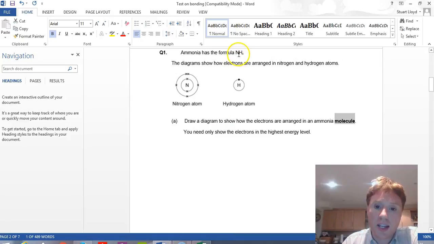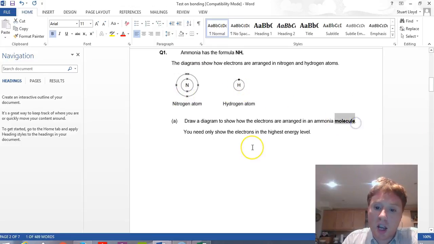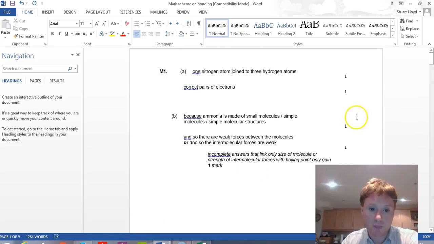So the clues in the text are NH3. From that you know there is 1 nitrogen, 3 hydrogens. The diagram shows you that nitrogen has 5 electrons in its outer shell and hydrogen has 1. The word molecule means that it's a covalent bond. And it says you only need to show the electrons from the highest energy level, which means these 2 electrons here don't take part in the bonding.